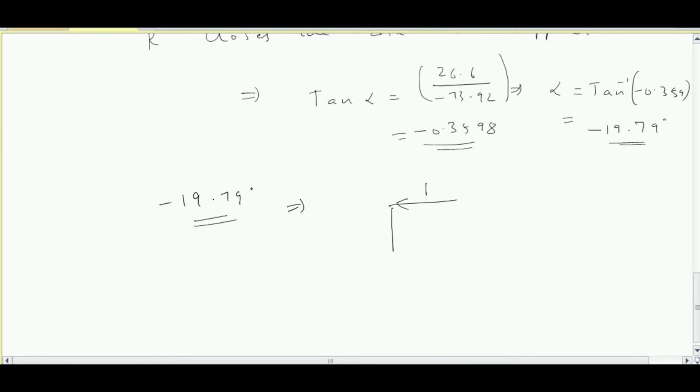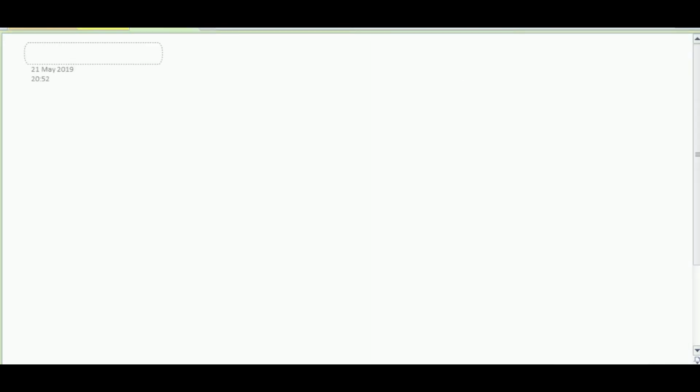P is acting in the negative x-axis direction. Then R will be acting in the direction shown in the figure, that is at minus 19.79 degrees. Hope you all understood the problem. If there are any doubts, please comment in the comment section. Next, we'll shift to the third problem.